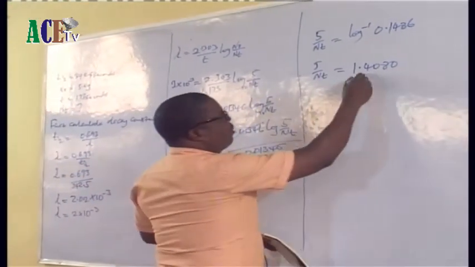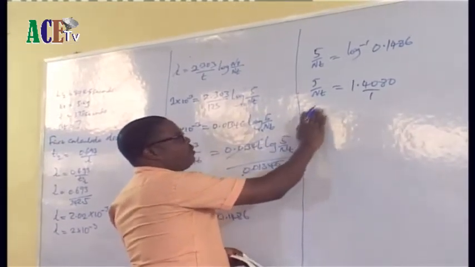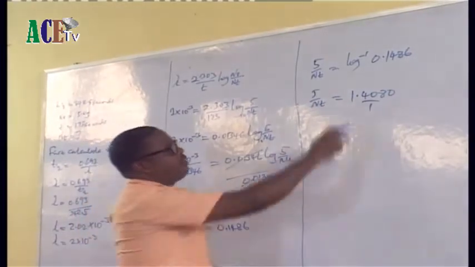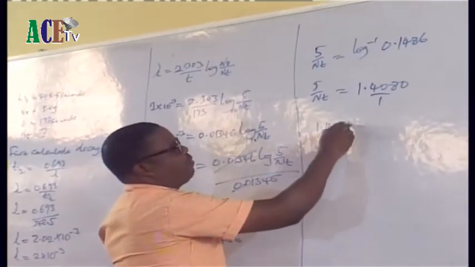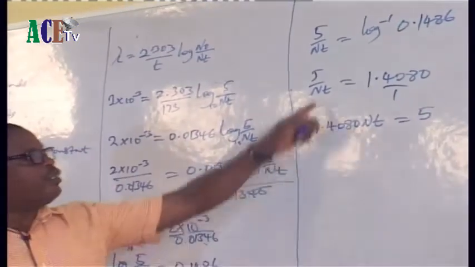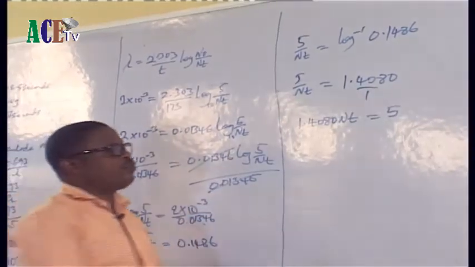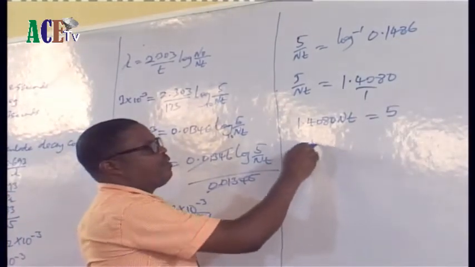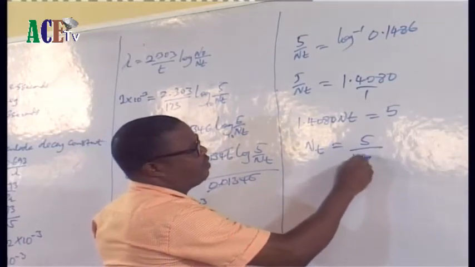Now, cross multiply this, 5 over nt. Why do you cross multiply? This will multiply this. 1.4080 nt is equal to 5. By cross multiplying, 1 will multiply 5. So you make n the subject of the formula now. Nt is equal to 5 divided by 1.4080.